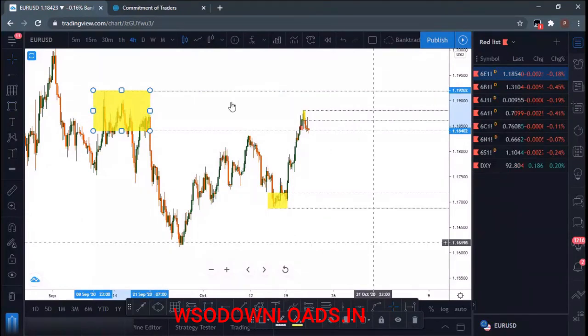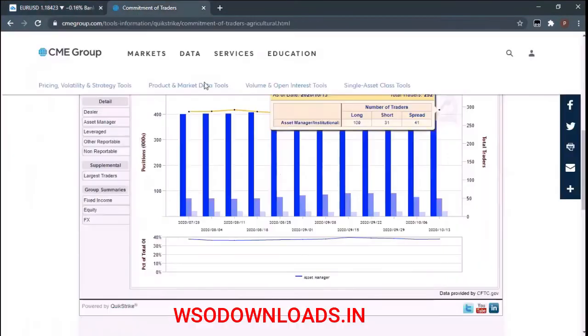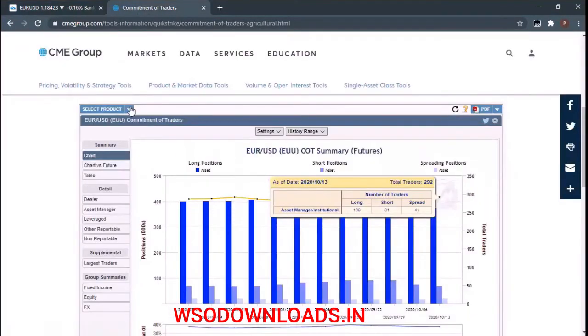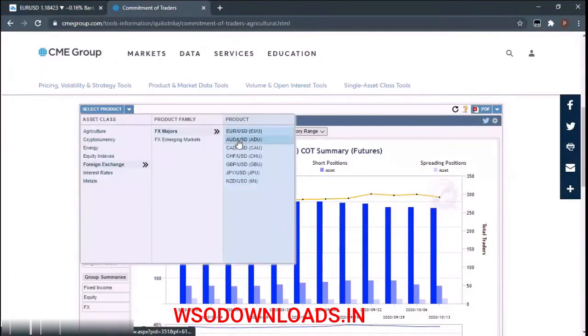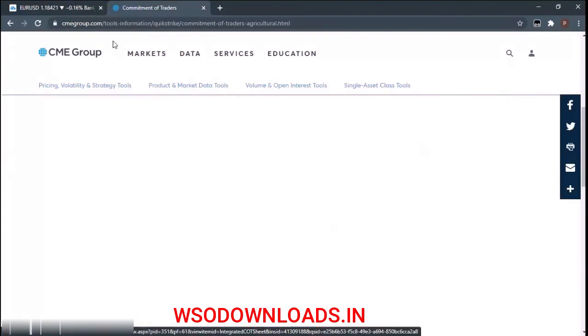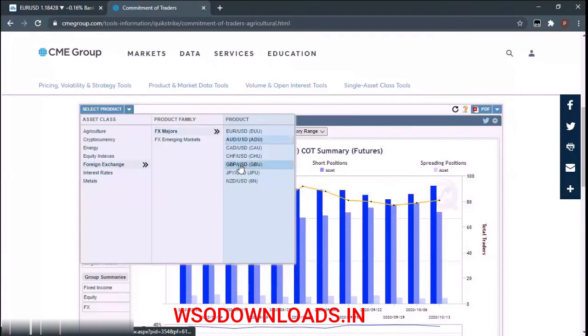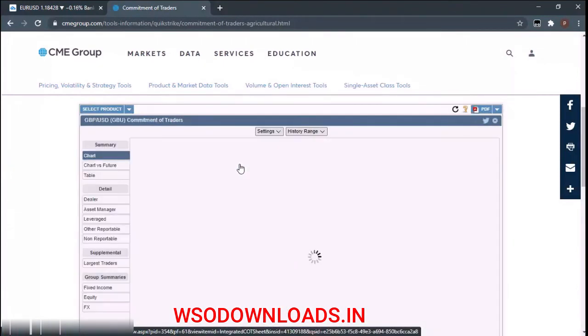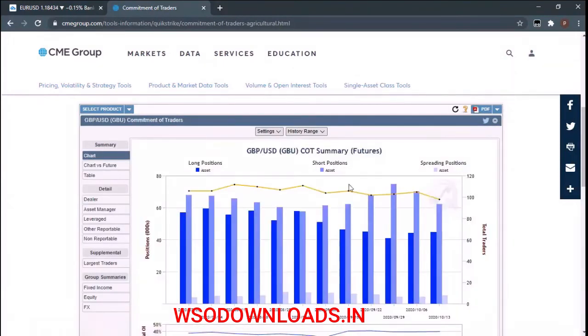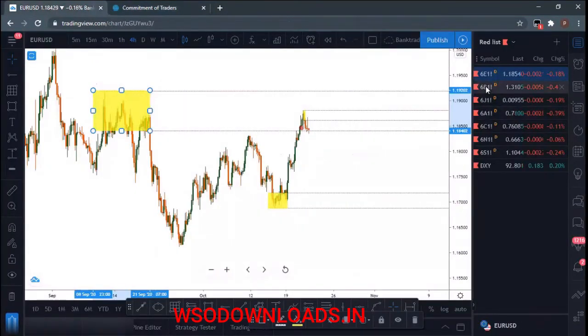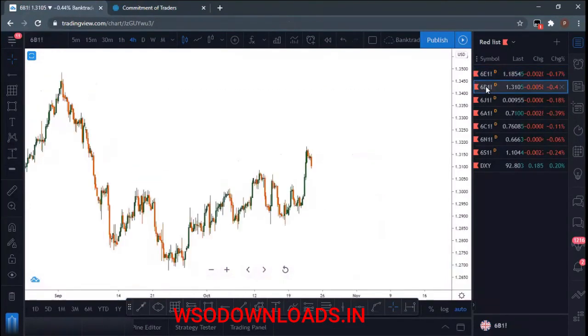Okay, so let's look at another example. Let's look at pound. So pound, we're going to come to pound here. The pound futures.